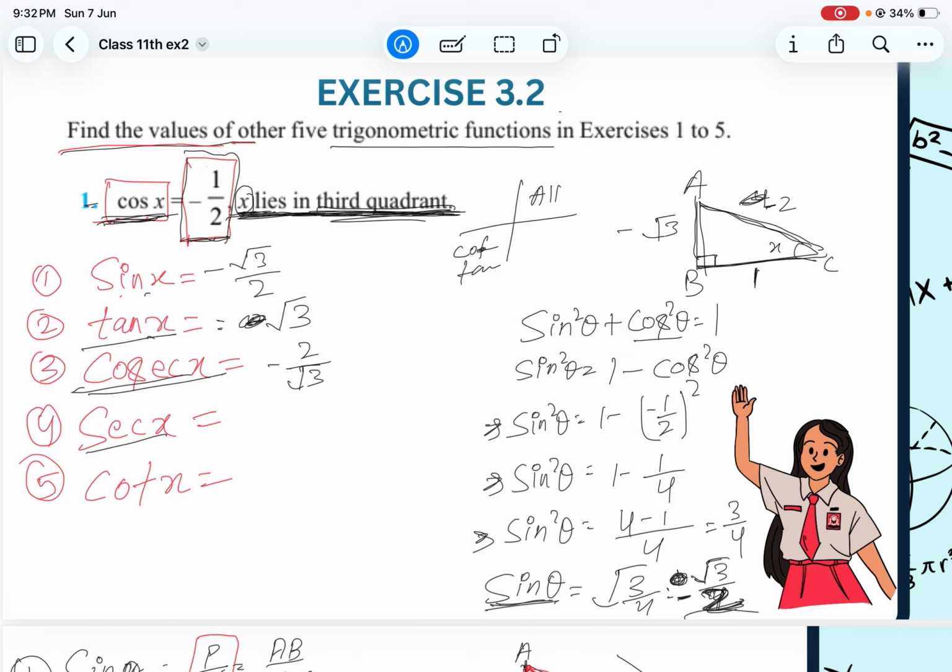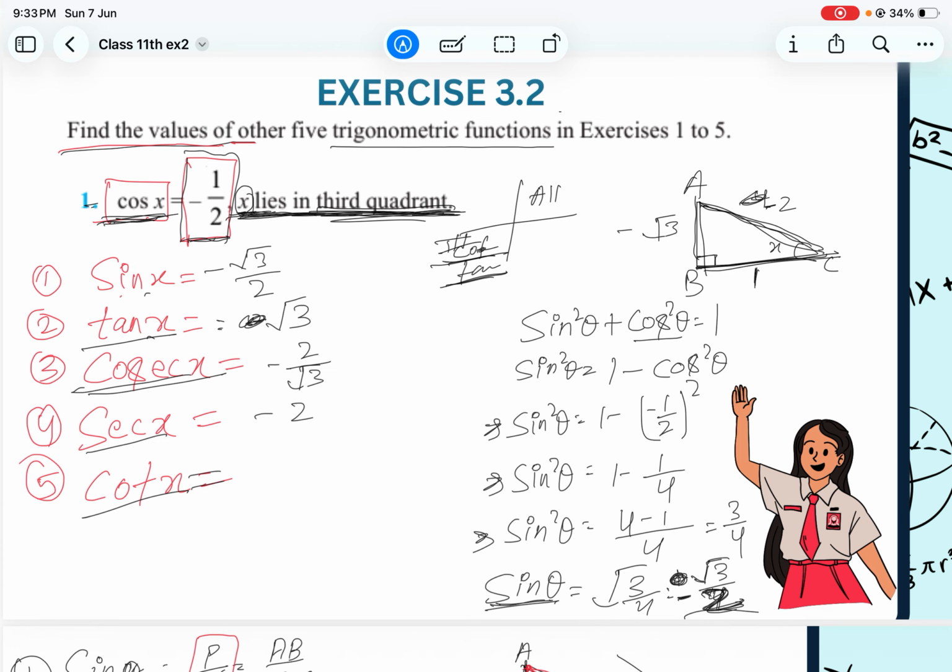Now we have sec x and cot x. Sec x is 1 by cos, that is AC by BC, so it will be minus 2. So sec x equal to minus 2. Now for cot, the point to be noted is that cot and tan will be positive in the third quadrant.